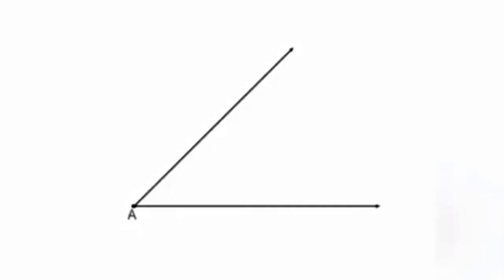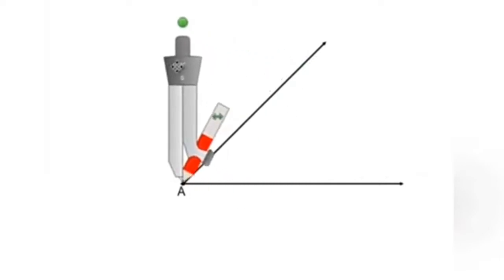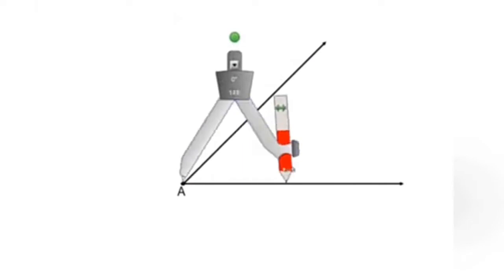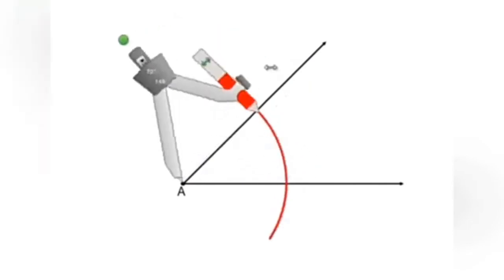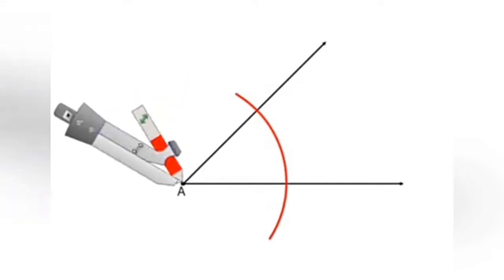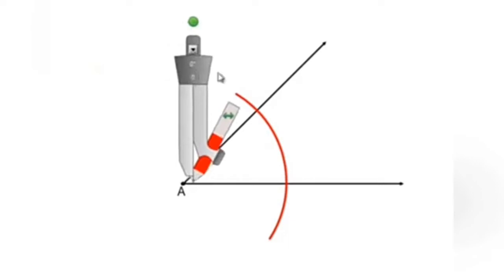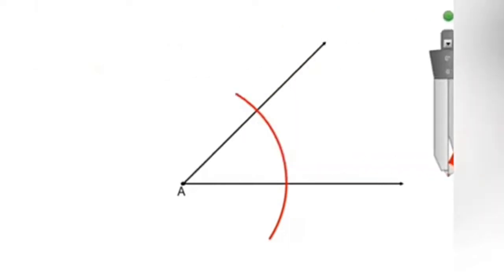It has a vertex A, the point of intersection of the two line segments. Put the tip of your compass at the point A, the vertex. Draw an arc to cut through the two line segments.